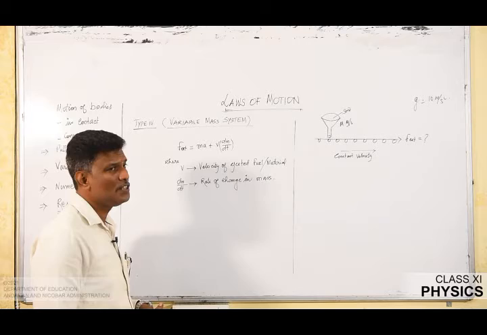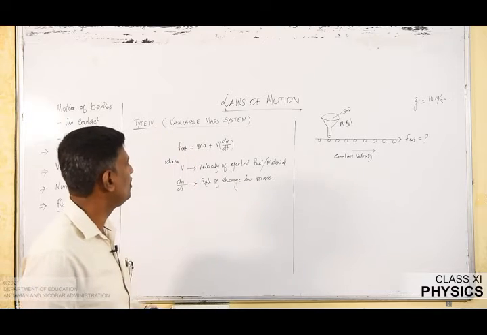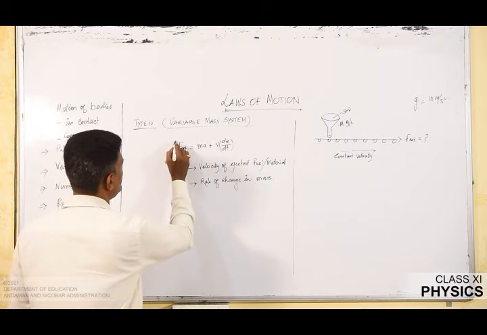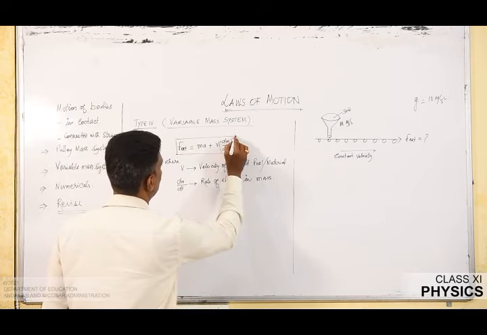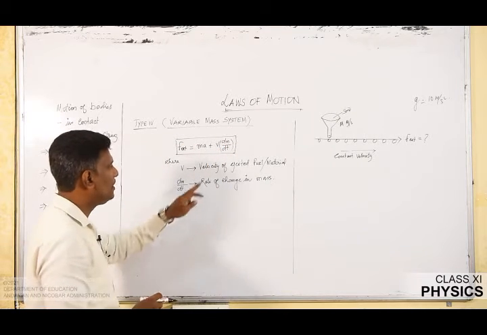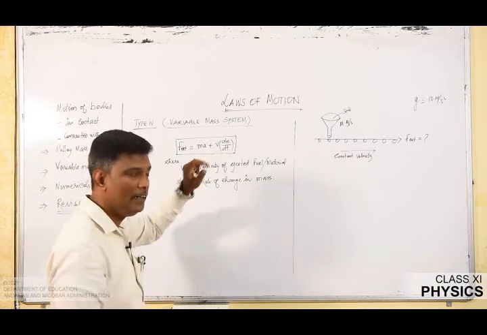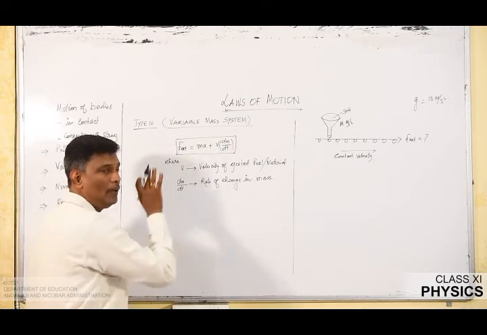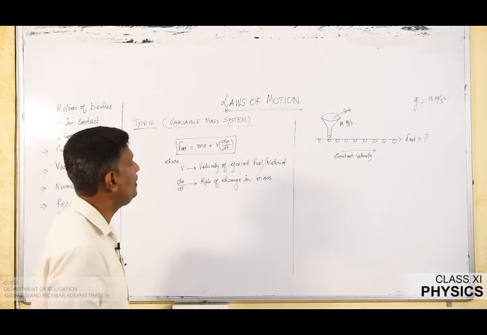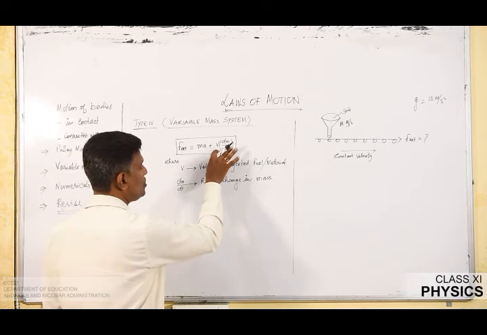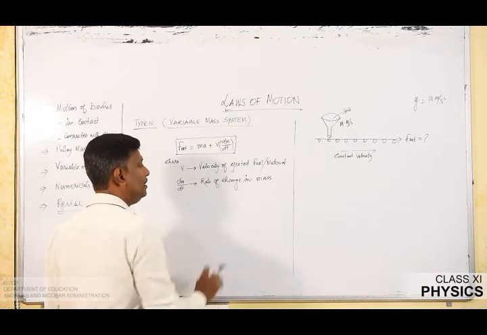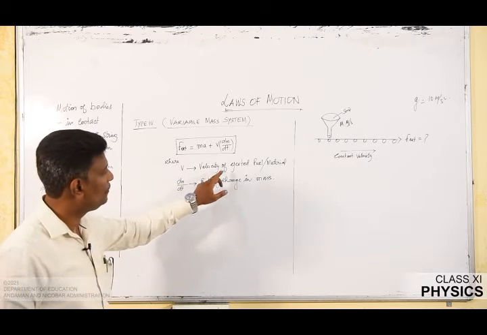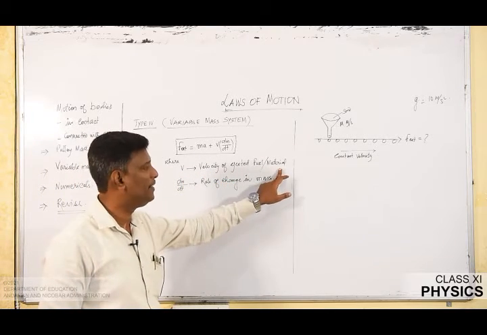So such type of questions may be solved using this formula, that is F external is equal to ma plus v dm by dt. Already we have got F external is equal to ma. In addition to that, we need to add the velocity multiplied by dm by dt, where v is the velocity of the ejected fuel or material.